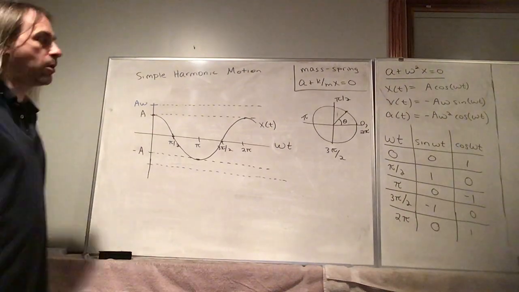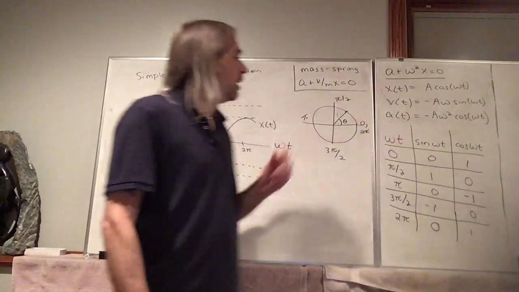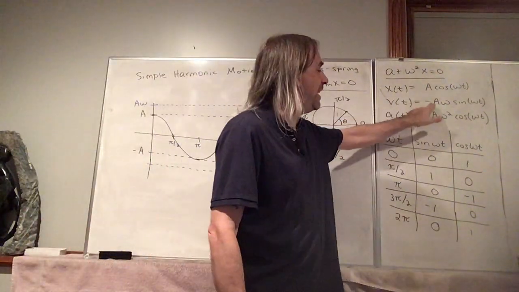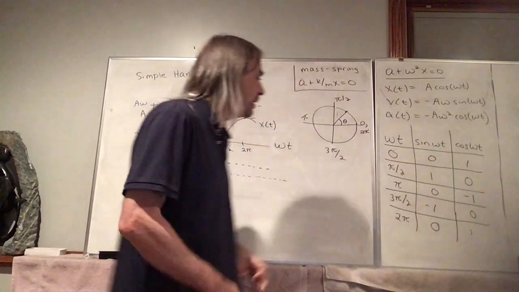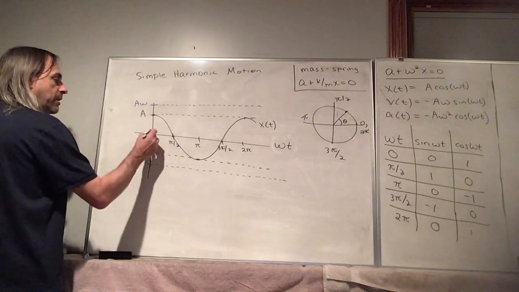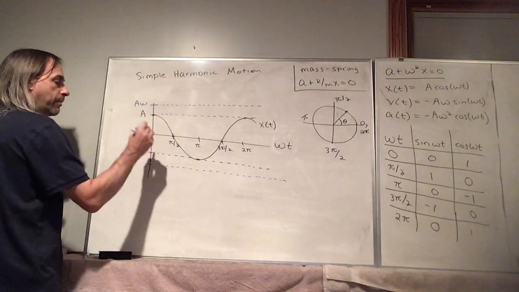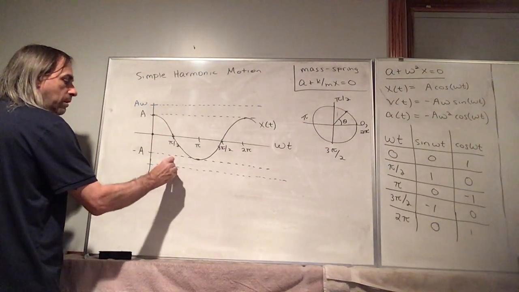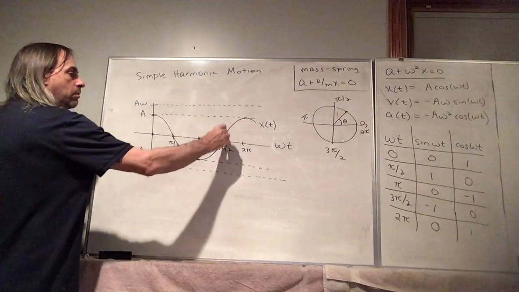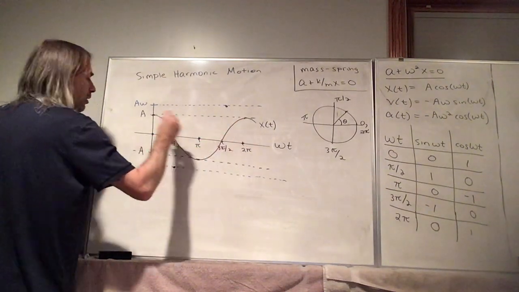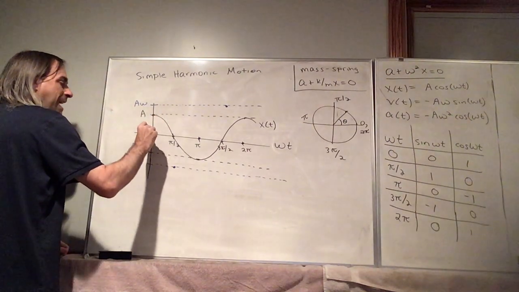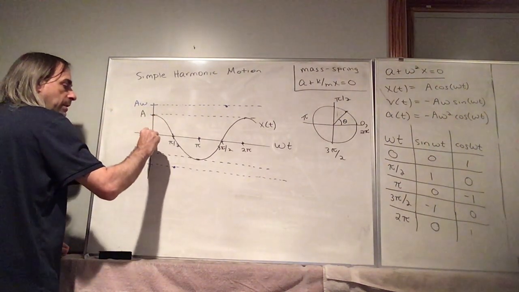Now velocity, we're looking at sine, but we have a minus sign in front. So we're going to go 0, negative 1, 0, 1, 0. So we have 0 to start with, and then negative 1, back to 0, 1, and then 0. So our velocity is going to look like this.